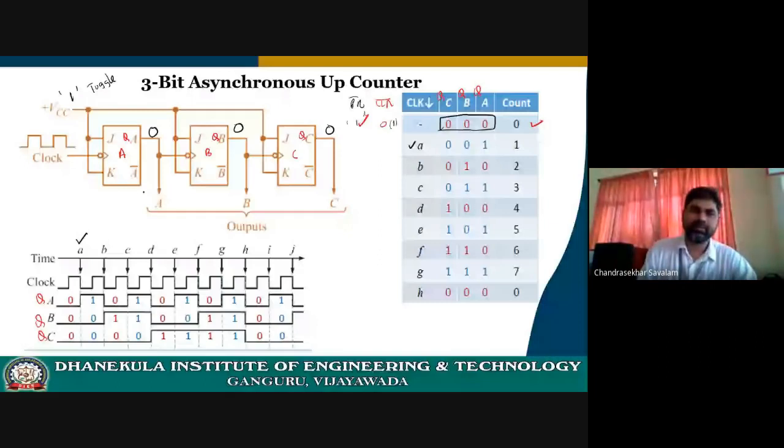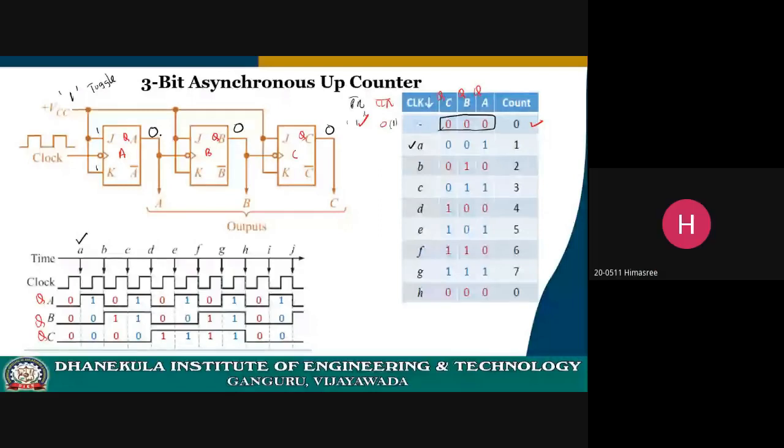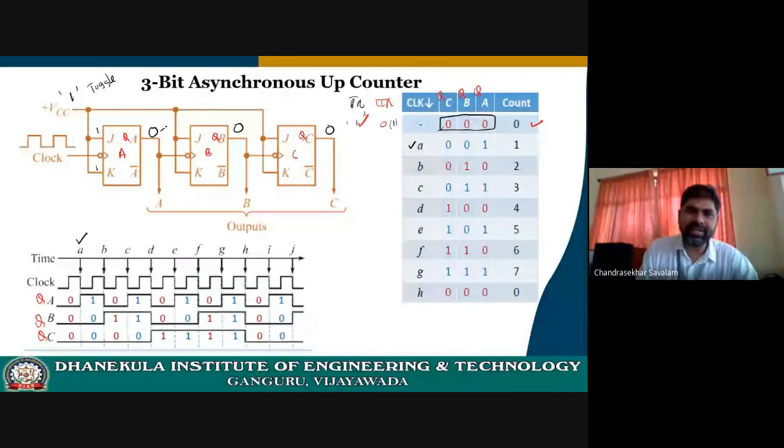Students, the inputs are 1, 1. The previous state is 0. I am asking what is the next state? 1. So this 0 is changed to 1, because this is the previous state.